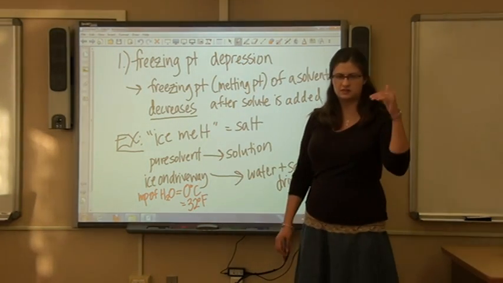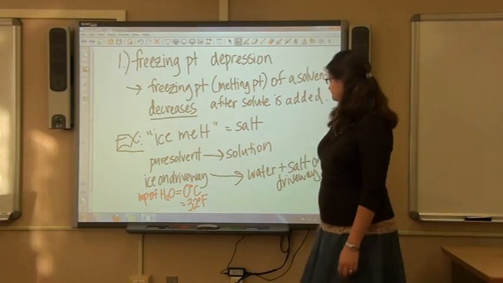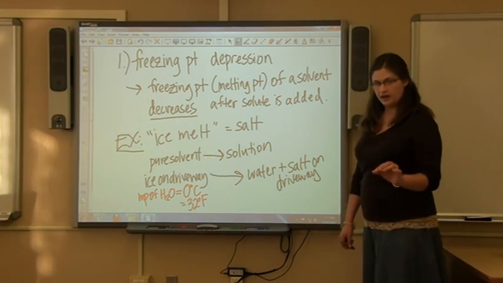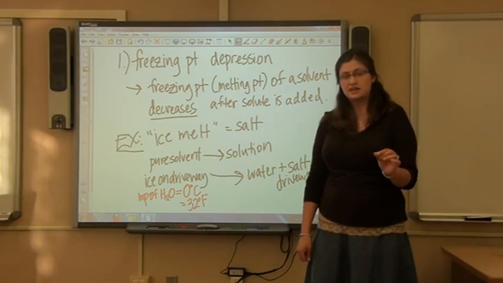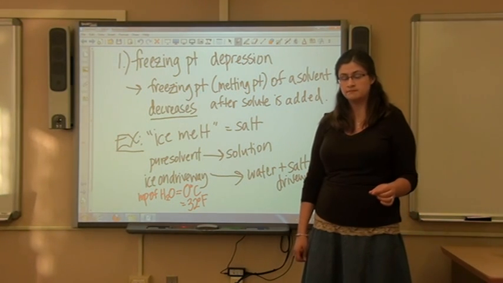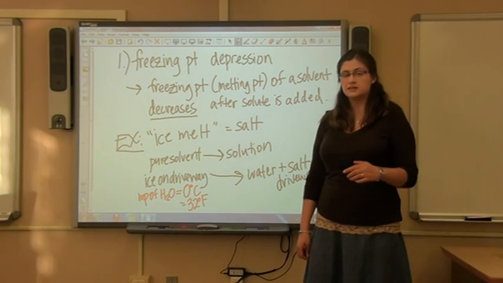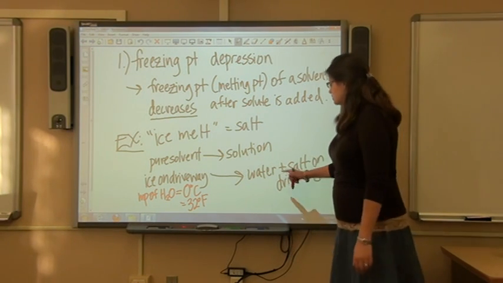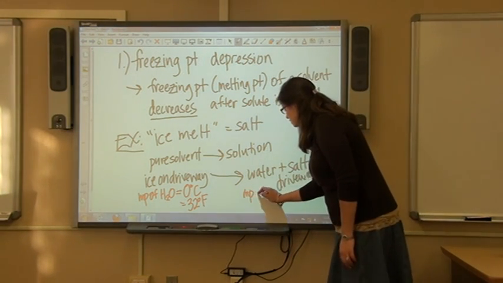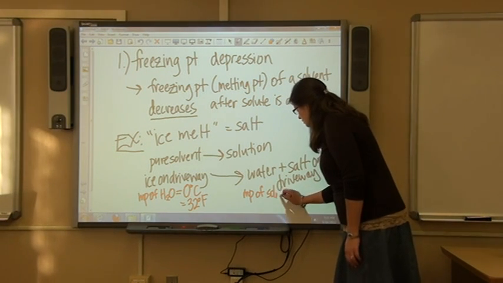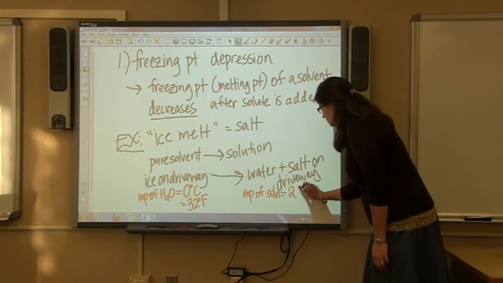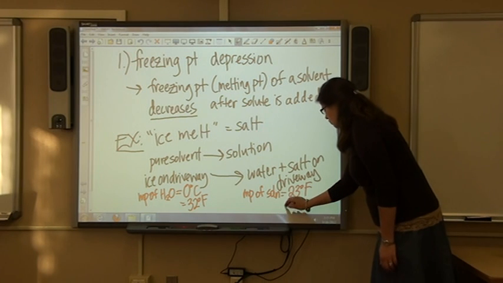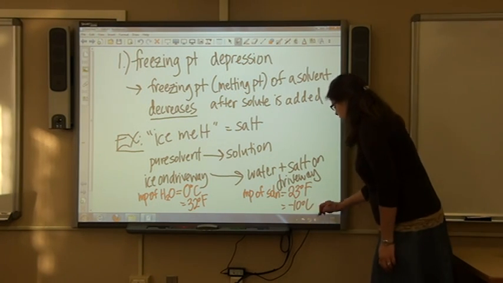It's easier for us to think about it in terms of Fahrenheit. When you add the ice melt and you make a solution on your driveway, what you're actually doing is decreasing the melting point of the water. So now the melting point of this solution is somewhere around 23 degrees Fahrenheit, or about -5 degrees Celsius.